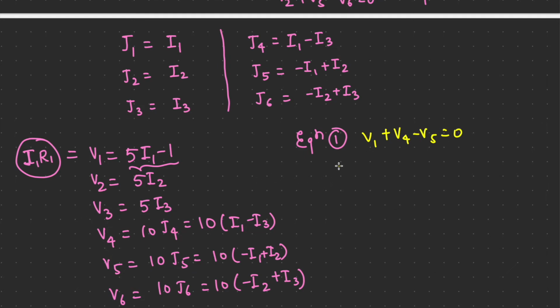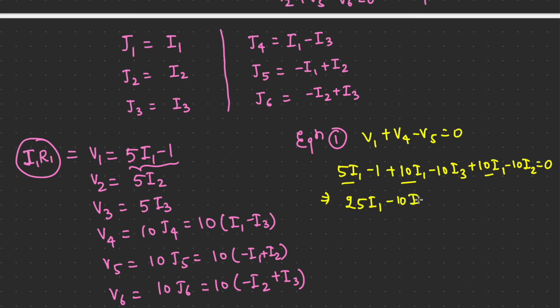V1 is 5I1 minus 1, V4 is 10I1 minus 10I3, minus V5, so minus 10 times minus I1 plus I2, equal to 0. We can combine all the I1 together: 10I1, 5I1, 10I1, so 25I1, minus 10I2, then minus 10I3 equal to 1. So this is our equation number 1.